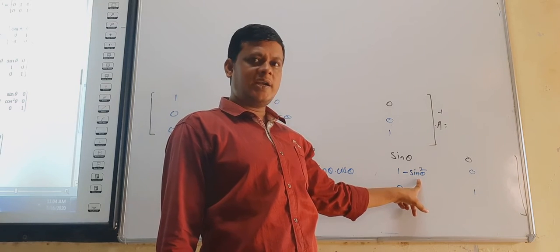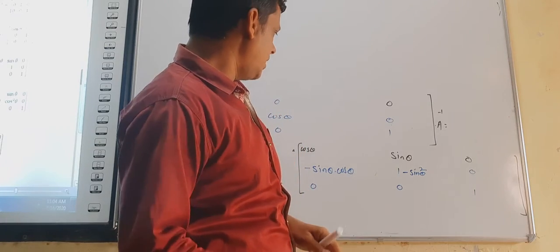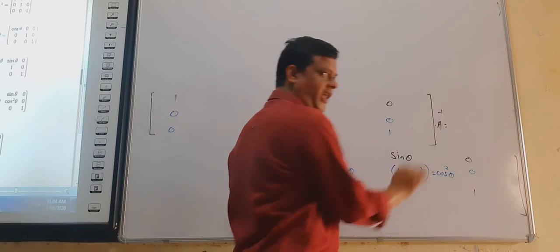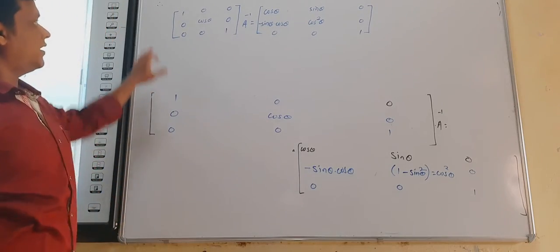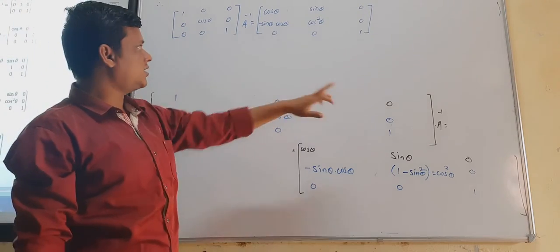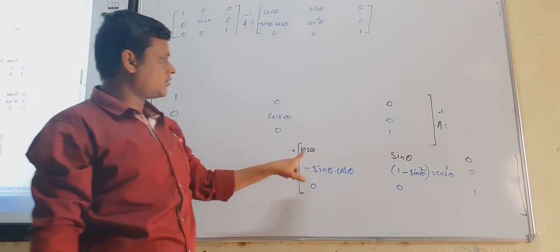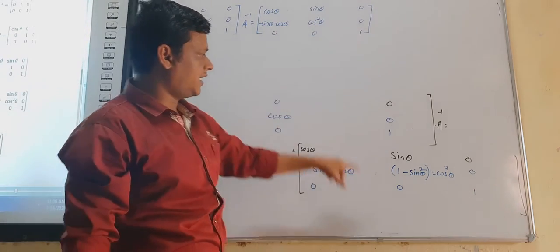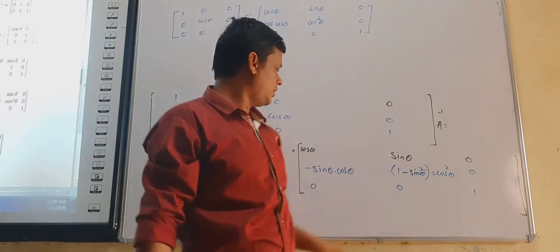We know by using the identity that 1 minus sin square theta can be written as cos square theta. So we write first row as 1 0 0, second row as 0 cos theta 0, then 0 0 1. A inverse as it is on RHS: cos theta sin theta 0, minus sin theta cos square theta 0, then 0 0 1.